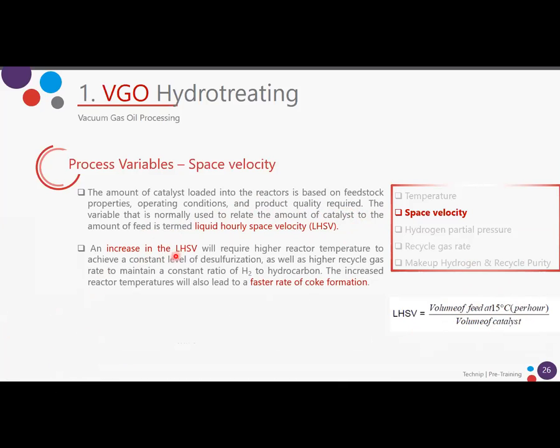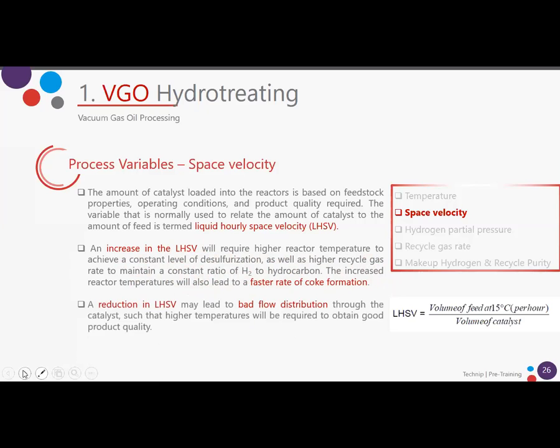An increase in the liquid hourly space velocity will require higher reactor temperature to achieve a constant level of desulfurization, as well as higher recycle rate to maintain a constant ratio of hydrogen to hydrocarbon. The increased reactor temperature, remember, will lead to more coke, okay? And a reduction in the liquid hourly space velocity may lead to a bad flow distribution through the catalyst.